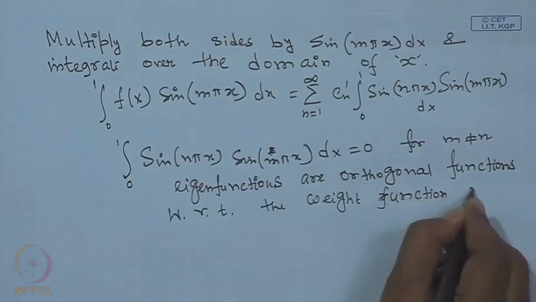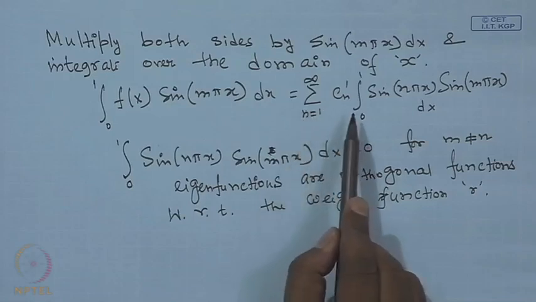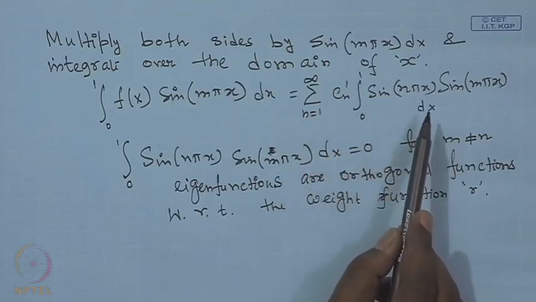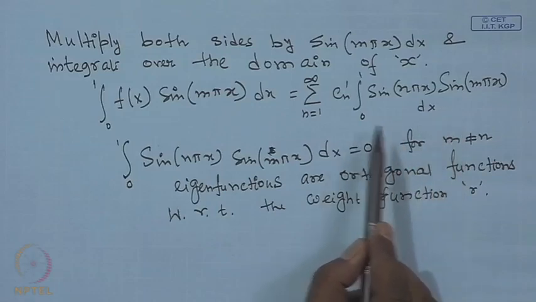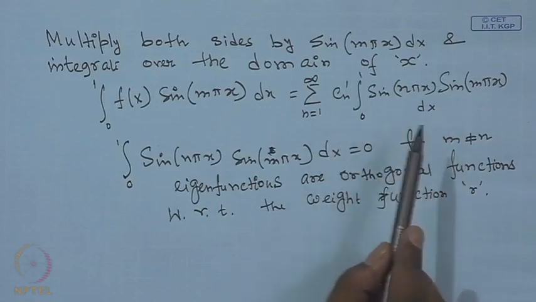Now, if you remember, just a few minutes back we identified that r is equal to 1 for a Cartesian coordinate in this particular problem. So, if you open up this summation series, then all the terms will be equal to 0 where m is not equal to n. Only one term will survive on the right hand side, that will be for m is equal to n.